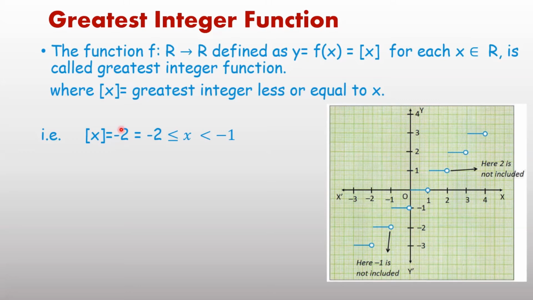It means if anyone asks what is the value of [2.4], inside the bracket you are writing 2.4. The value of [2.4] is the greatest integer which is less than or equal to x. So 2.4 is not an integer, therefore the integer less than 2.4 is 2, which is greatest, therefore the value of [2.4] is 2.